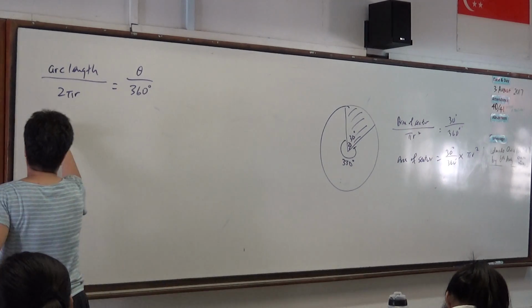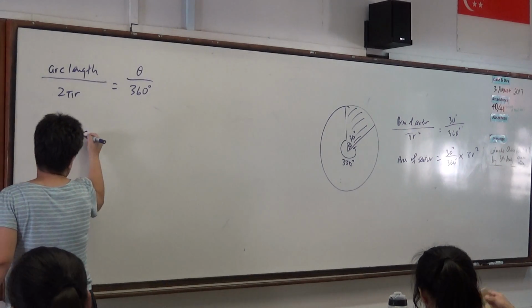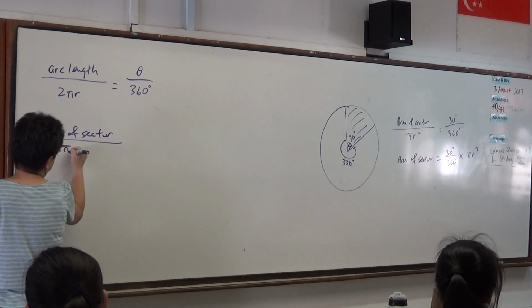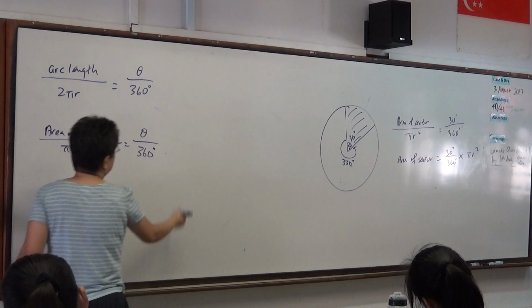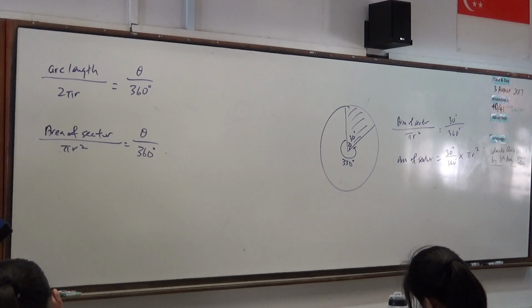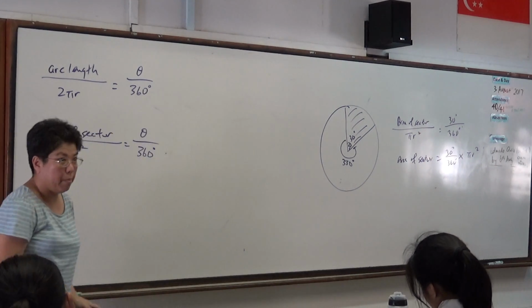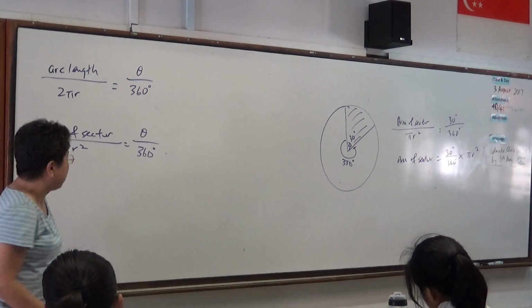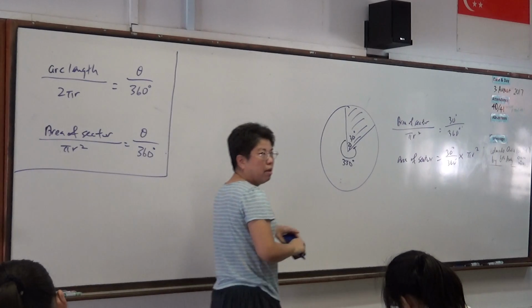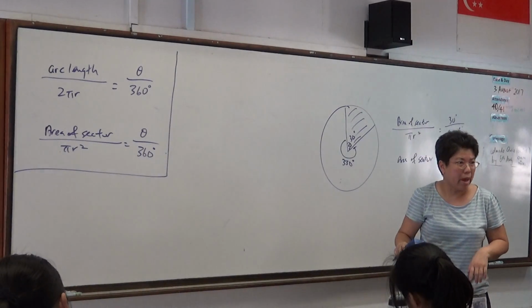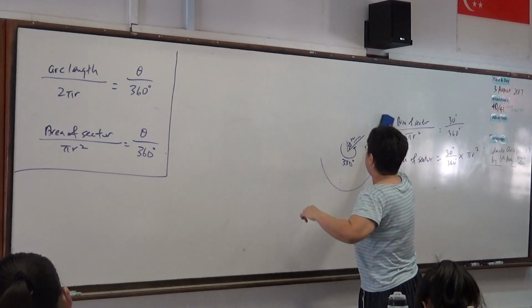Area of sector over pi r square will also be equal to angle over 360. I think this one is easier to remember. But if you want to bring it over, it's fine. They are the same. Is that clear to all of you? So this is the tool that we are going to concentrate on today. Everybody okay? Alright. Now we'll turn back to length of arc.